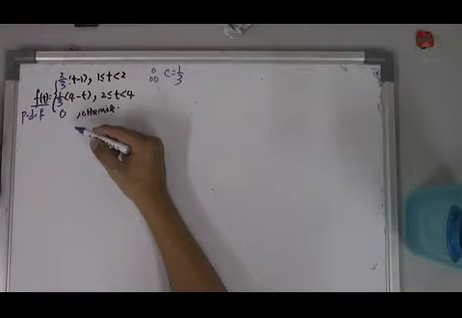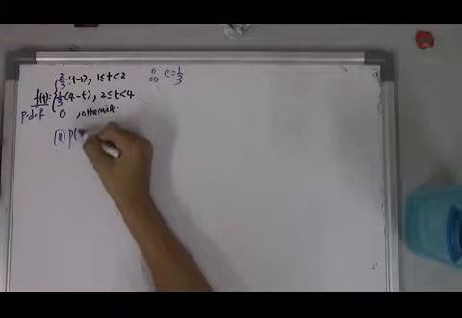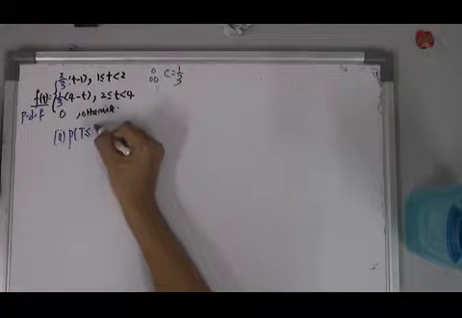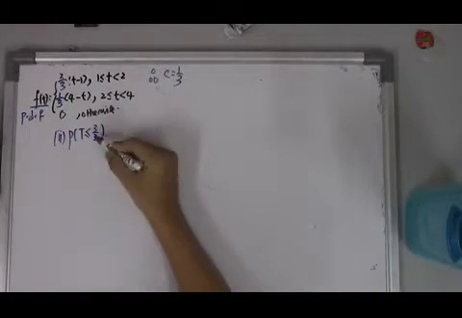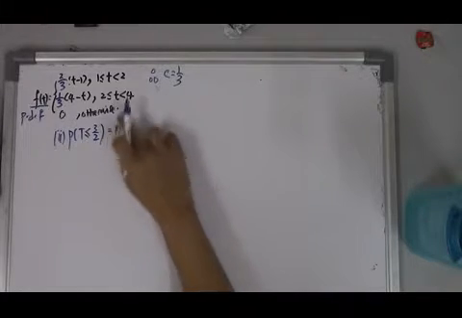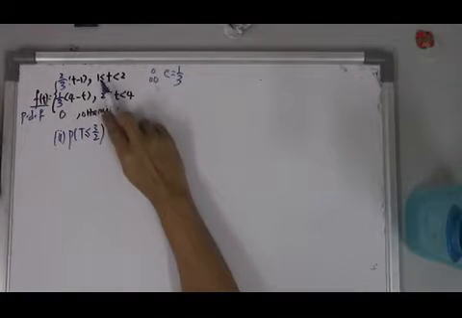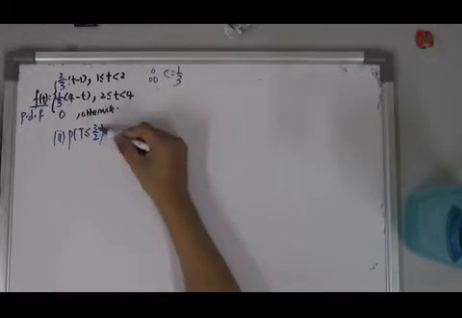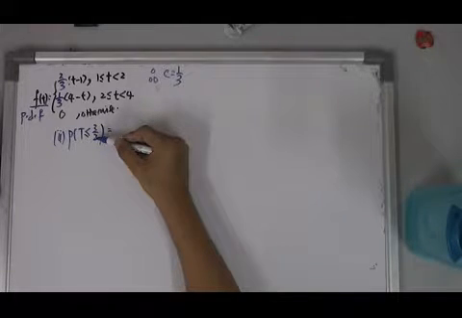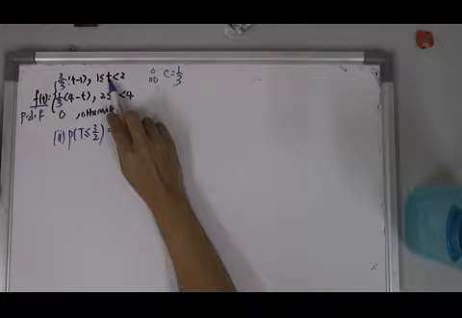Later they're asking you to find the probability of T less than or equal to 3 over 2, which is the same as T less than 3 over 2. 3 over 2 is 3 divided by 2, which is 1.5, between 1 and 2, so 3 over 2 is inside this interval.